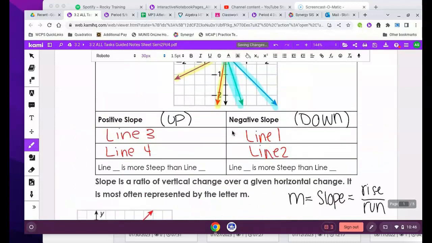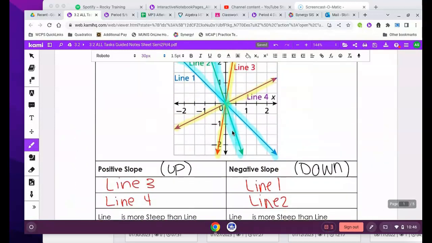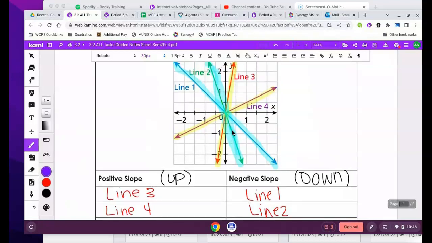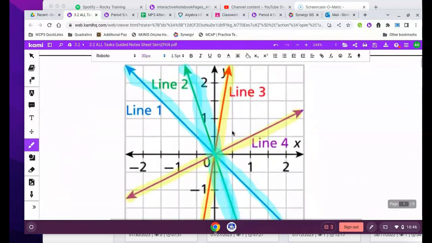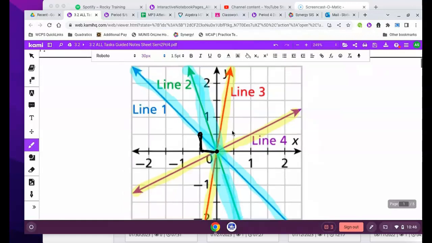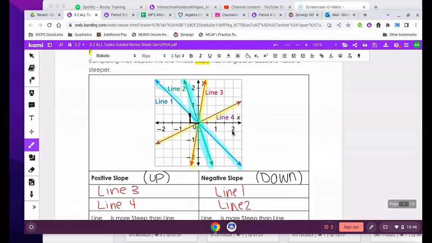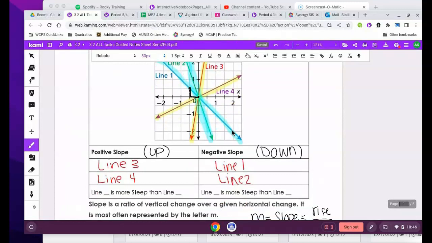So now let's look up here at our four lines. We're going to figure out which of the lines are steeper. So let's look at our first line, line 1. It looks like from here to here, I'm going down 1/2 and over 1/2. So for line 1, we're going down 0.5 and to the right 0.5.